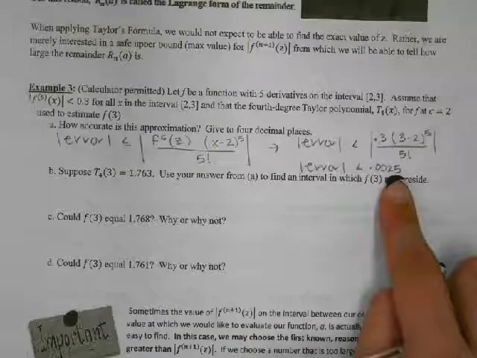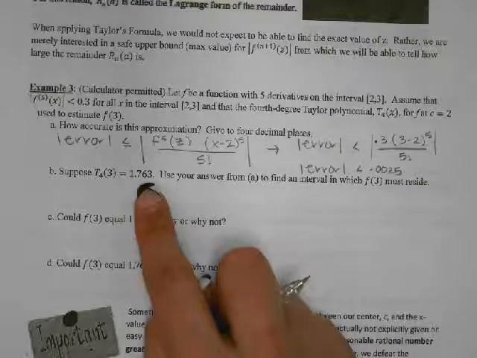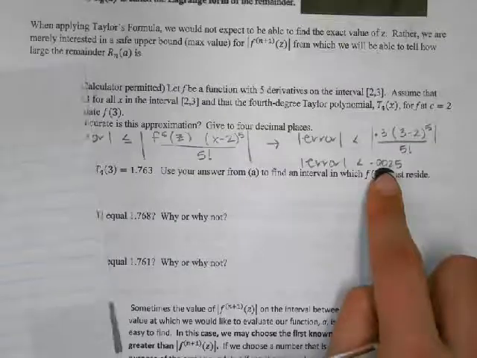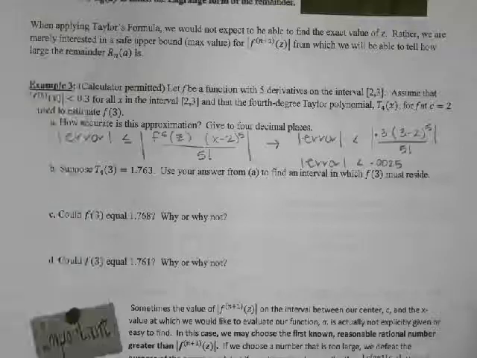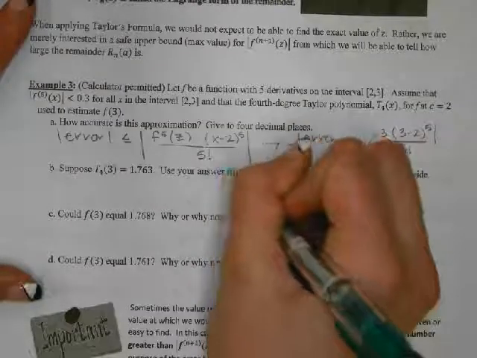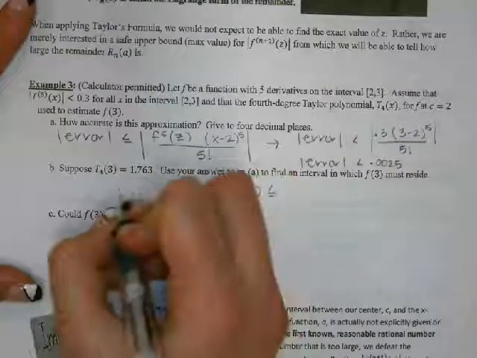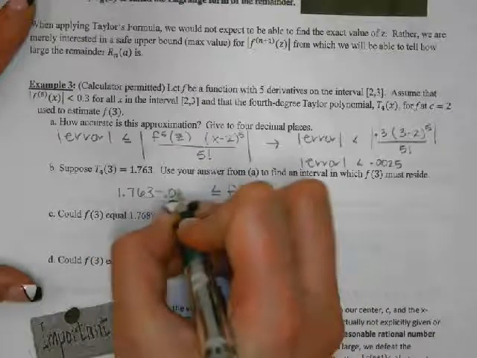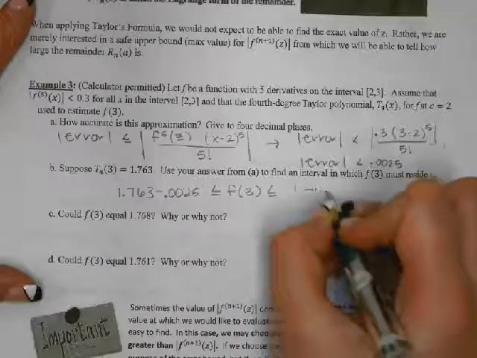The error is telling us that the actual decimal for the actual curve, this thing right here, could be 0.0025 below this decimal, or it could be 0.0025 above that decimal. So I'm going to say that the actual function evaluated at 3 is somewhere in between this decimal that I got when I plugged it into my polynomial minus the error bound and this decimal plus the error bound.